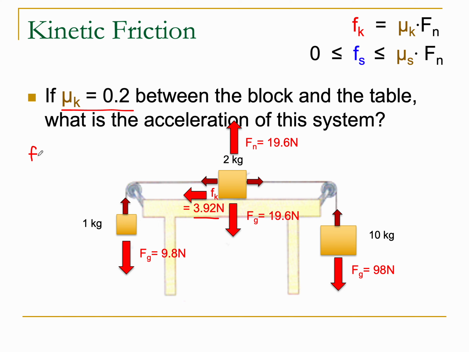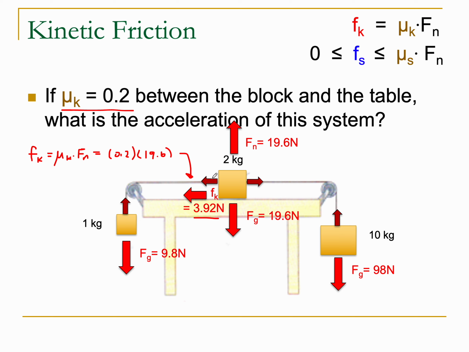Force of kinetic friction is equal to mu sub k times normal force. And if you solve that, you're just going to end up with 0.2 times 19.6. I can't write any faster than this, I'm so sorry. Which is going to give us this 3.92.